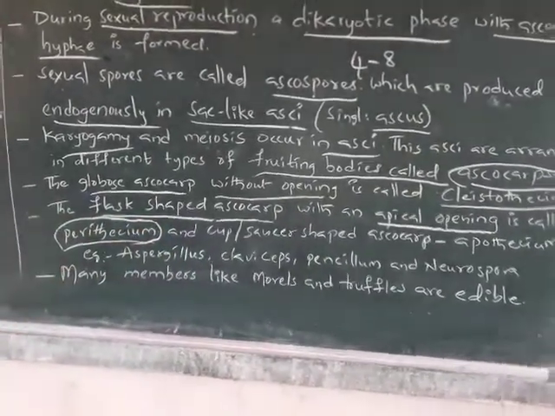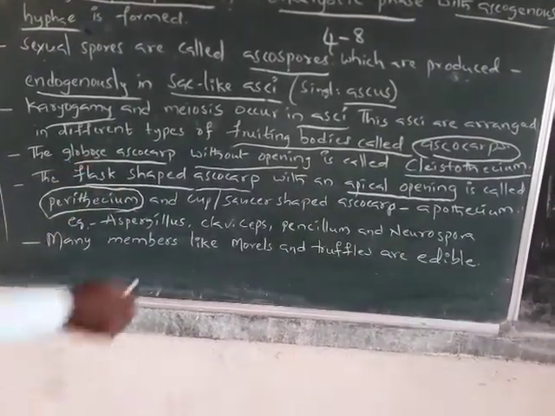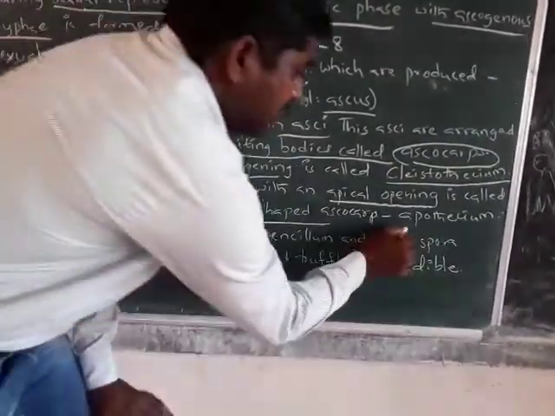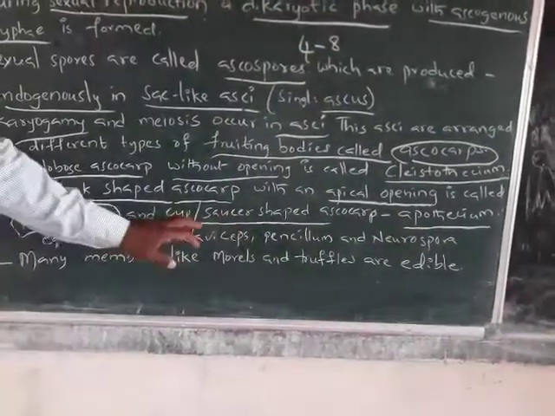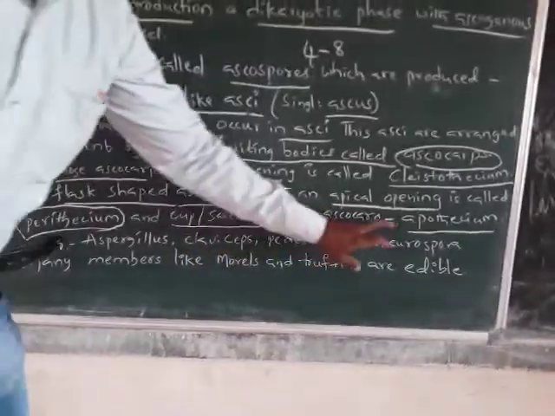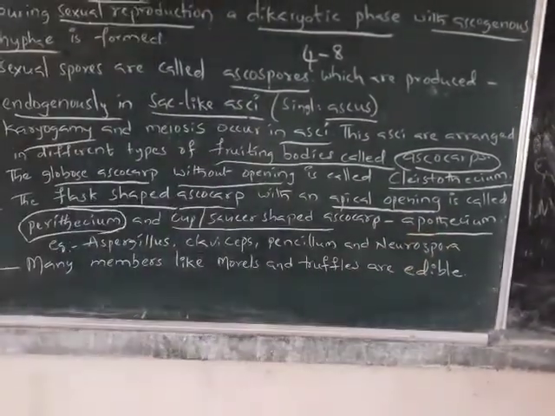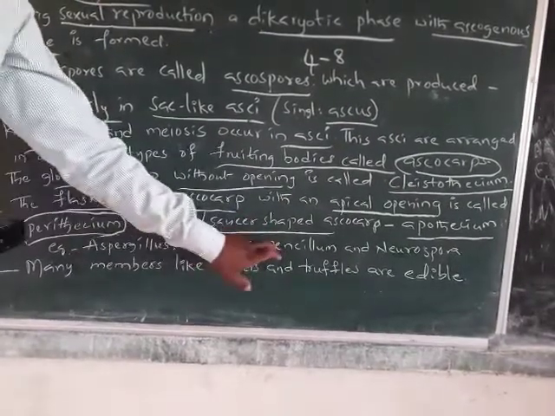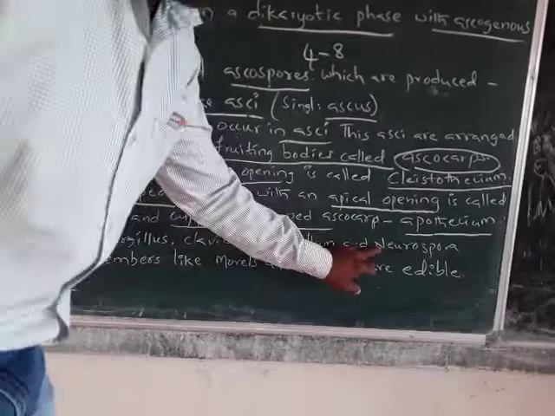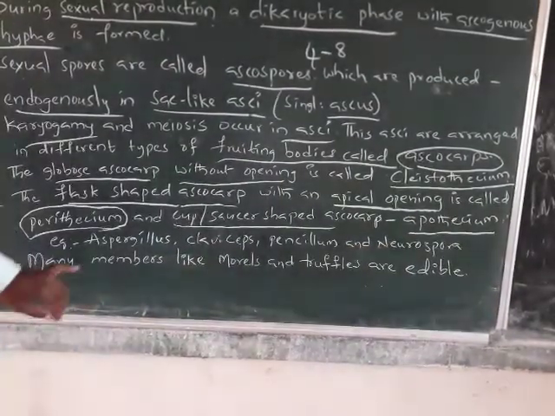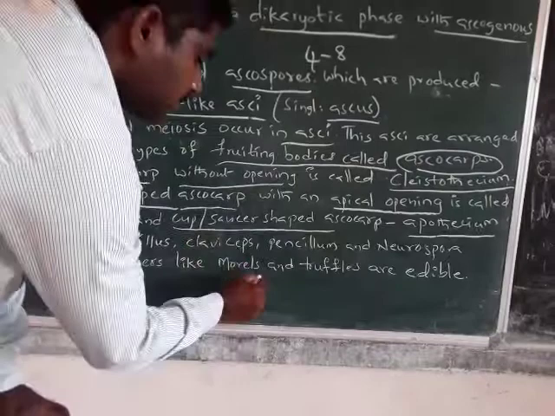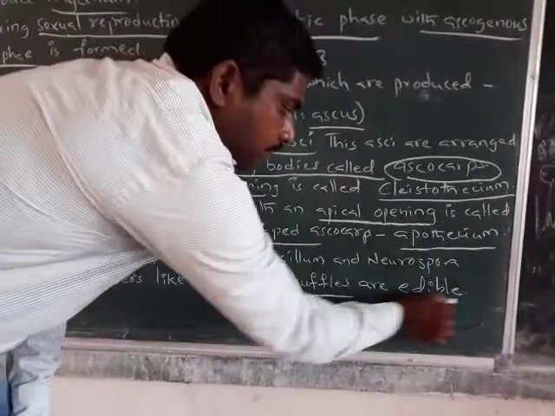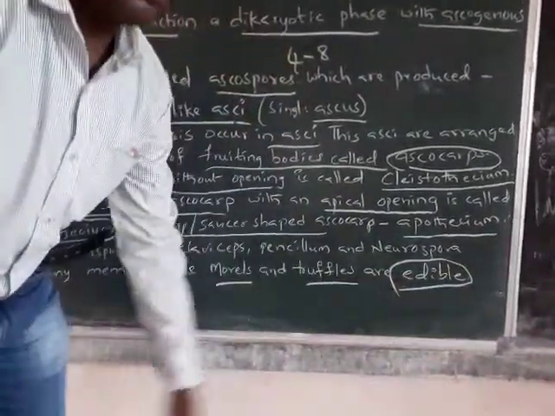The cup or saucer-shaped ascocarp is called apothecium. Examples: Aspergillus, Claviceps, Penicillium, and Neurospora. Many members like morels and truffles are edible to human beings.